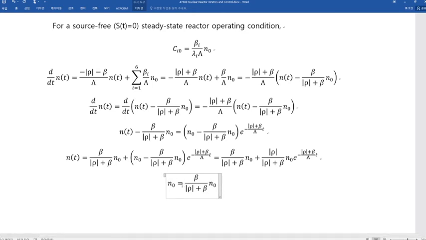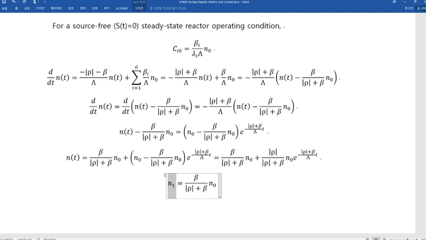Kind of temporary, I'd like to say that for a very short time, the neutron population maintains this value. So it is a kind of prompt jump value. It suddenly increases and reaches first to this value, n1.